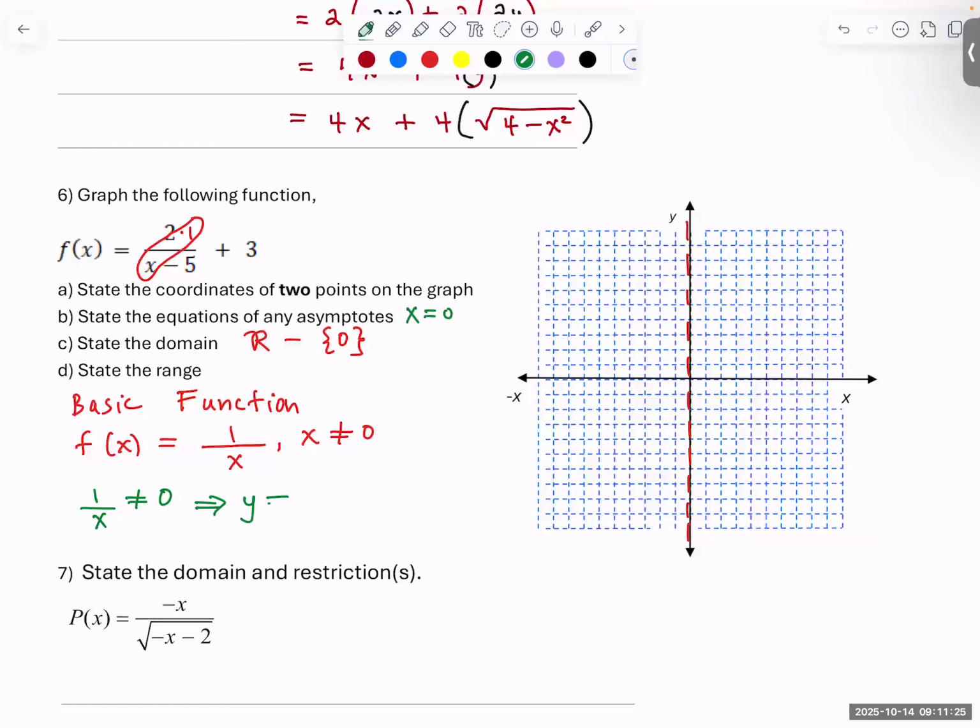So this means that y cannot equal 0, and every point on the x-axis has a y-coordinate of 0. So if y can never equal 0, that means all points on the x-axis are excluded and not on the graph. So we have another asymptote, the x-axis, shown as a dashed line. And the equation of the x-axis asymptote is y equals 0. So in part B, the equation is y equals 0.